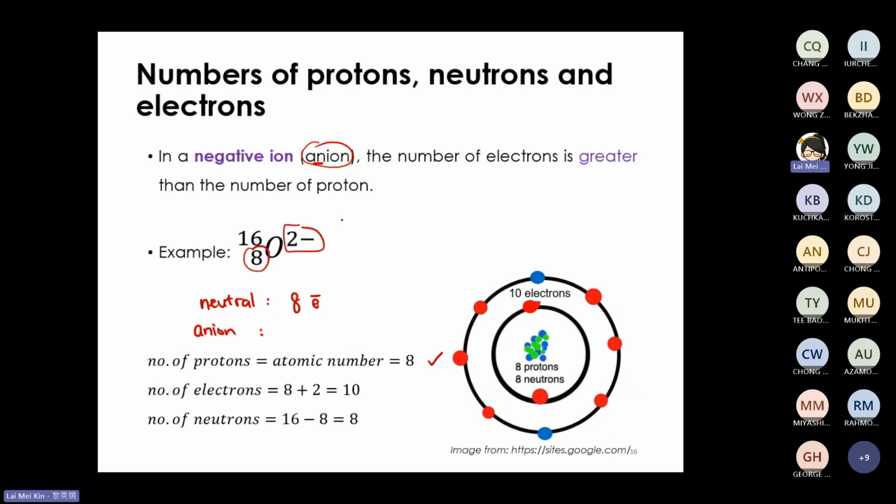It has an additional 2 electrons. So neutral is 8 electrons. In the negative ion, you will have 8 electrons plus an additional 2 electrons, so a total of 10 electrons.